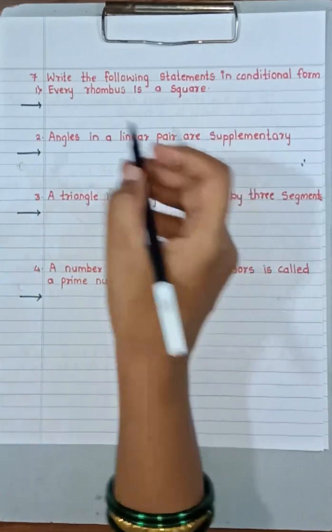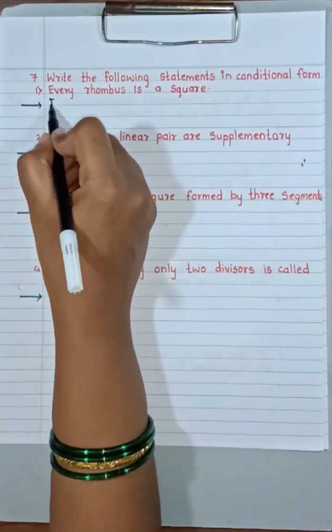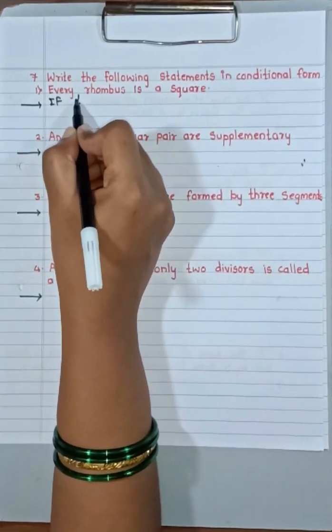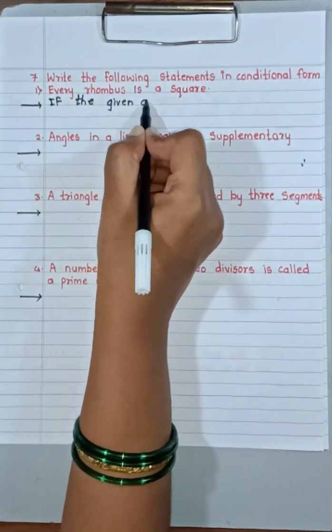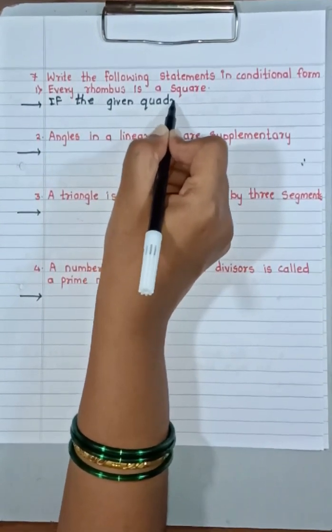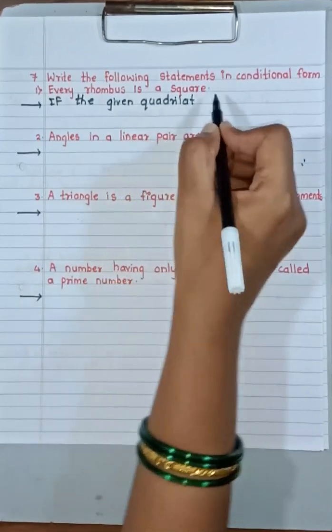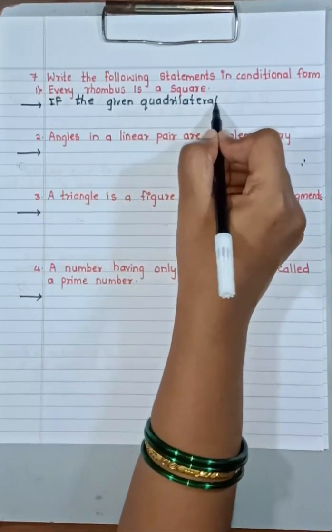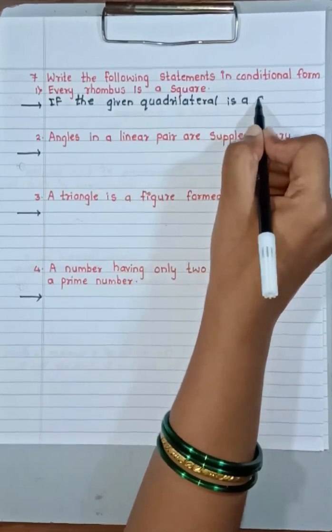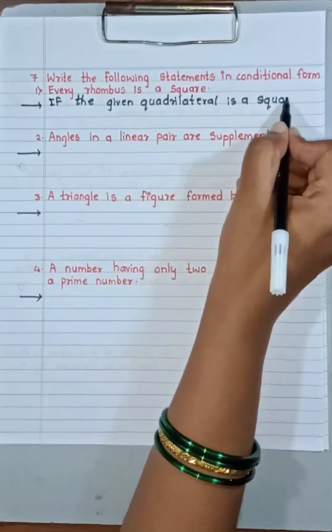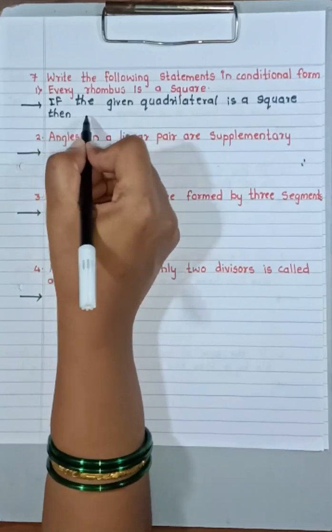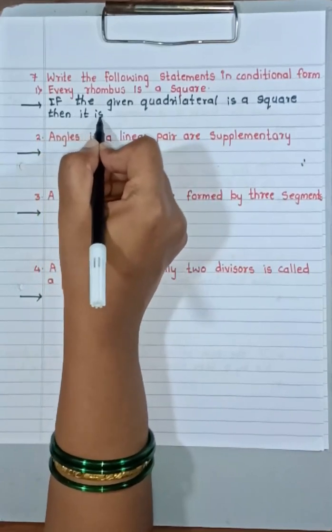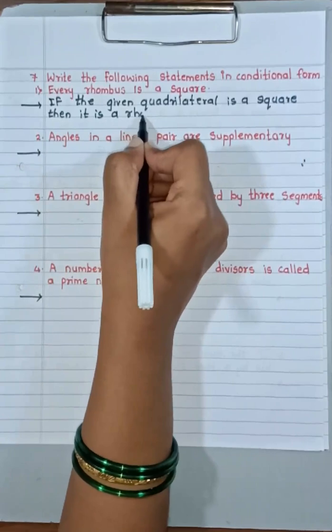Okay, so we can write it down as if the given quadrilateral is a square, then it is a rhombus.